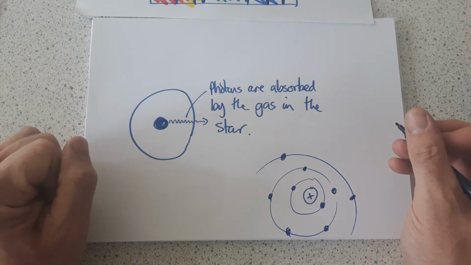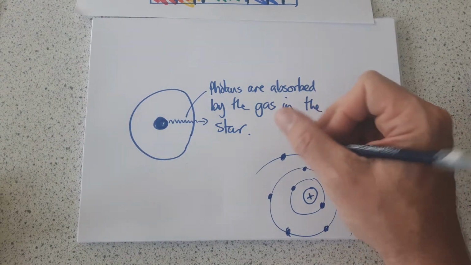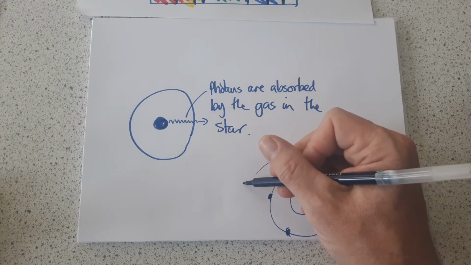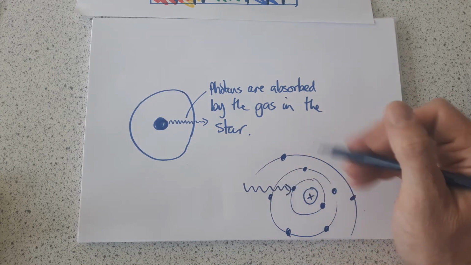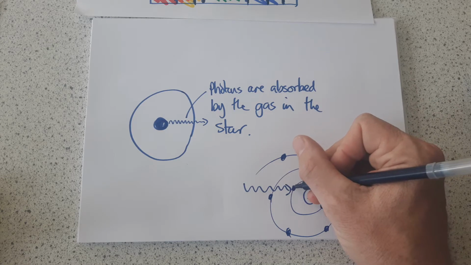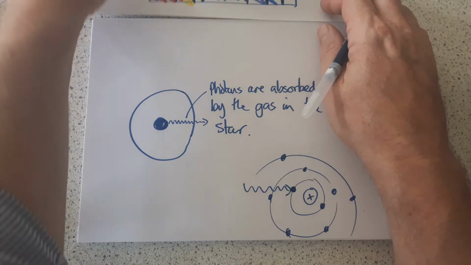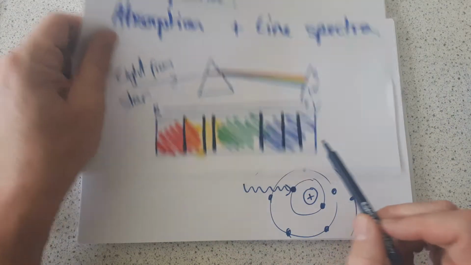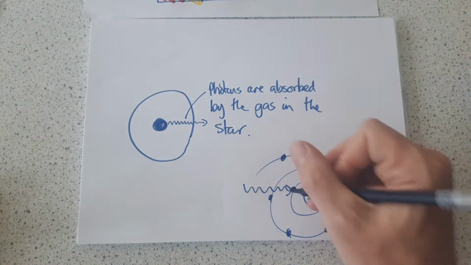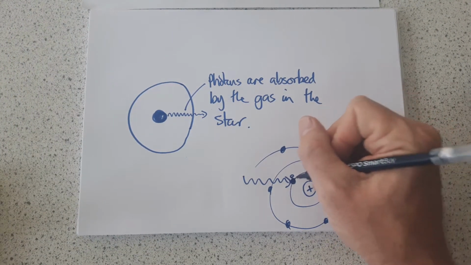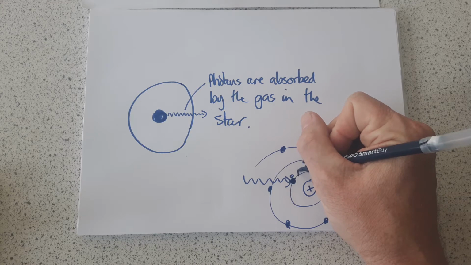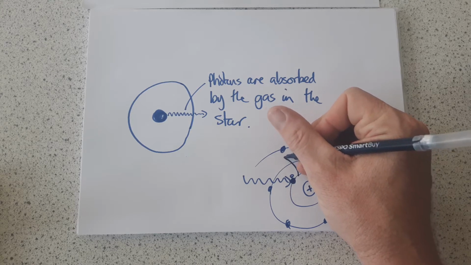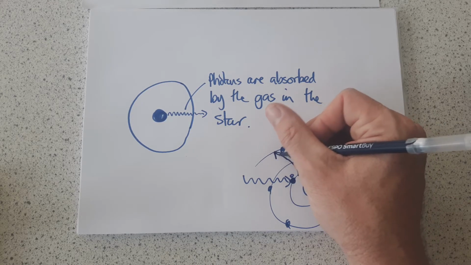For example, if a photon of energy comes along and it's the right amount of energy, i.e. it's the right colour, then this electron will absorb that photon and it will jump up to a higher energy state.